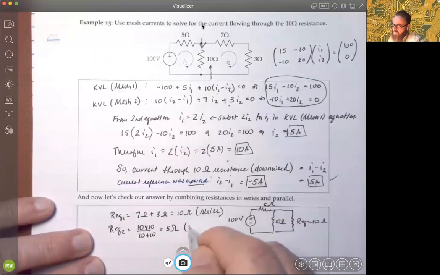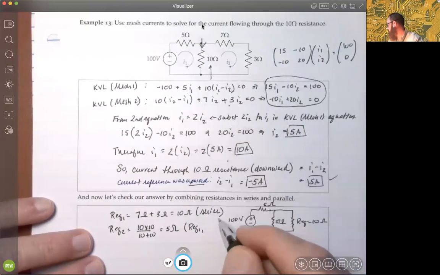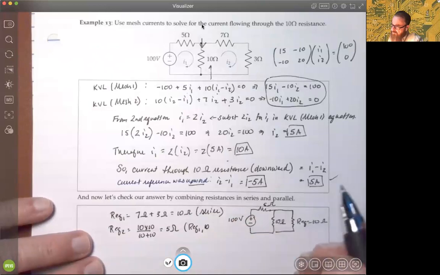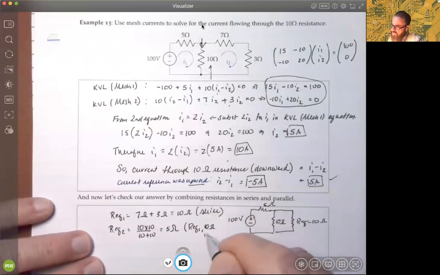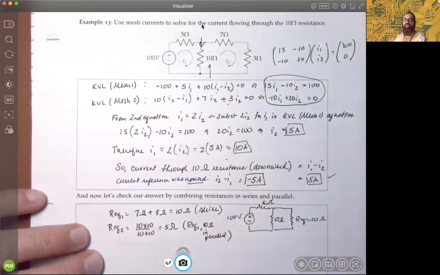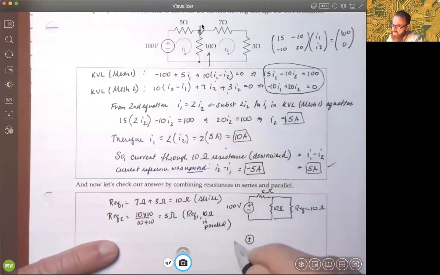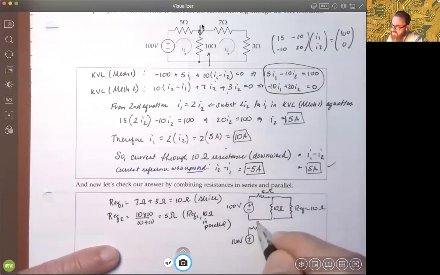And the reason, again, is that REQ1 and the 10 ohm resistance are in parallel. Okay. So what we would have at this point is still the independent voltage source coming through a 5 ohm resistance, now through another equivalent called REQ2, which is 5 ohms.